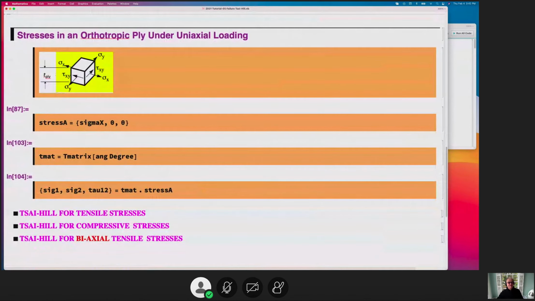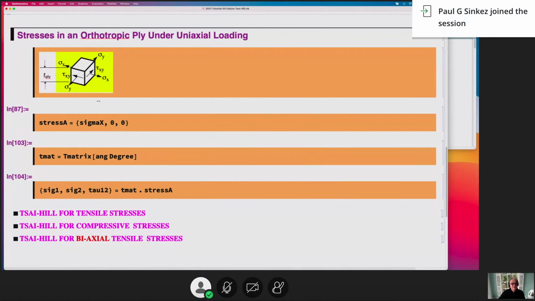So I need the stresses in an orthotropic ply under the uniaxial loading or some biaxial loading, tensile or compressive stresses. And plane stress, sigma x, sigma y, tau xy are given. Plate thickness is given. So I can have stress at A, point A might be just sigma x, 0, 0. These are just labels. I'm assuming that sigma y and tau xy are 0.